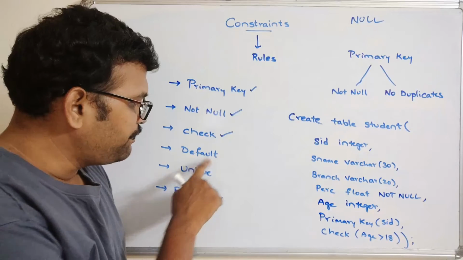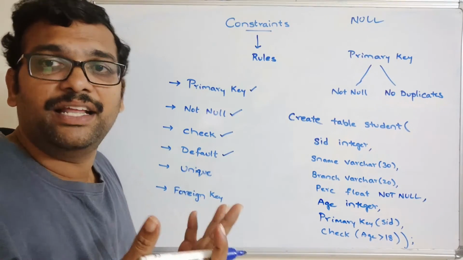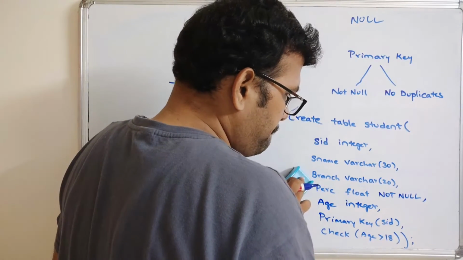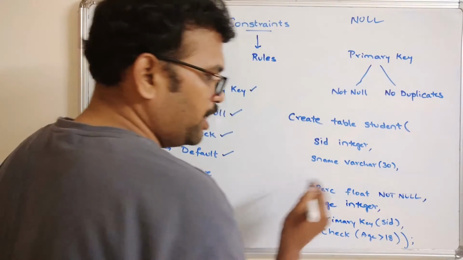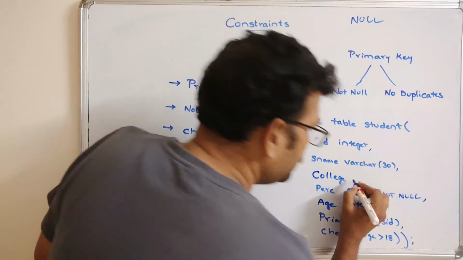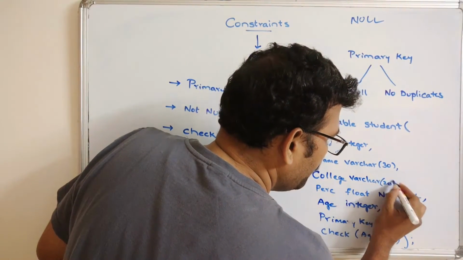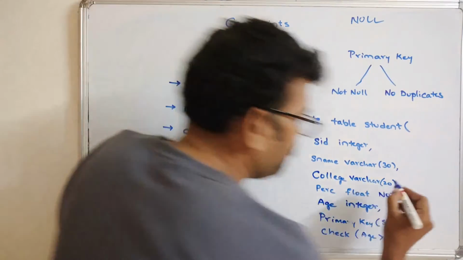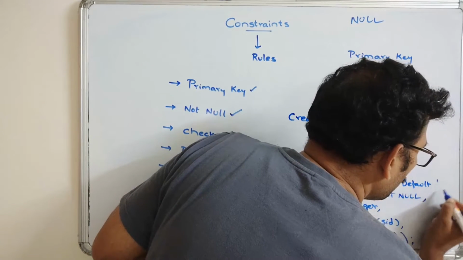And the next one is default. We can set the default value. Let us take, I will remove the branch, and take college, varchar of 20, and here I can set the default college. We write default in quotations.